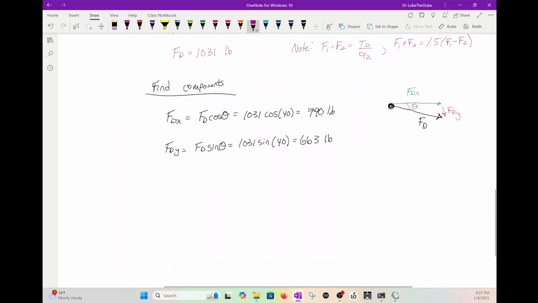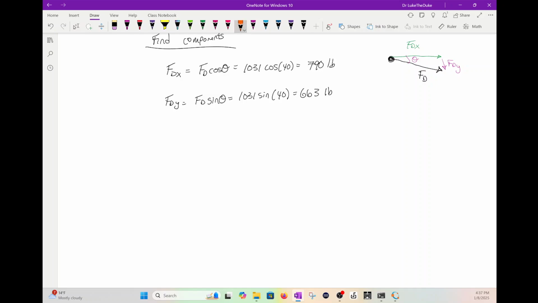Now, let's take a look and create the shear and moment diagrams. So we're going to look at the horizontal plane, which is your x, and let's do a different color, let's do purple, for the vertical plane over here. Let's do horizontal first, and then we'll do the other one.